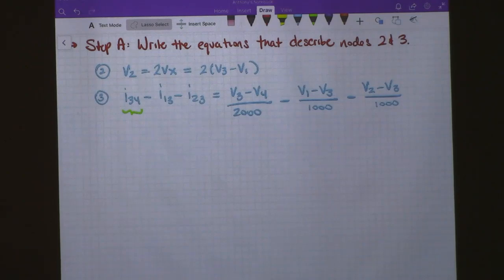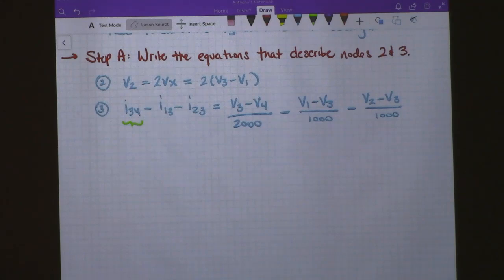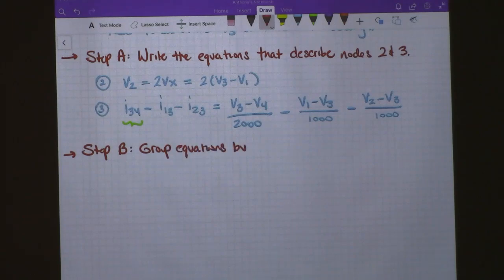So now we're going to do the same steps we've done with any nodal analysis. This is going to be a lot of repetition. Step B: group equations by V1, V2, and V3.